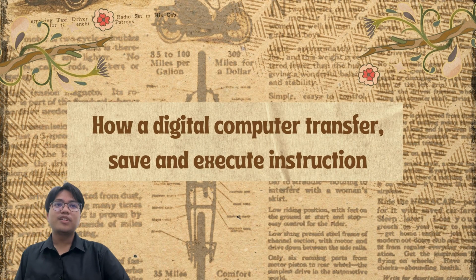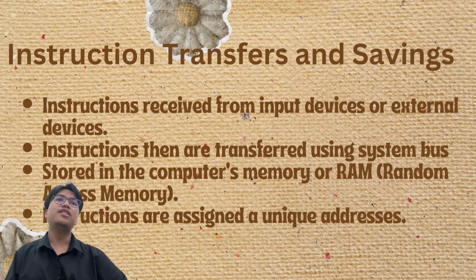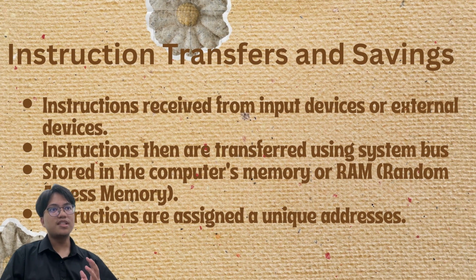Alright, so how does a digital computer transfer, save, and execute instructions? Alright, so we as the users will give it instructions. Then the computer receives instructions from the input devices or external devices such as a keyboard or mouse. Then, the instructions will be transferred into the computer's memory or RAM using the system bus.